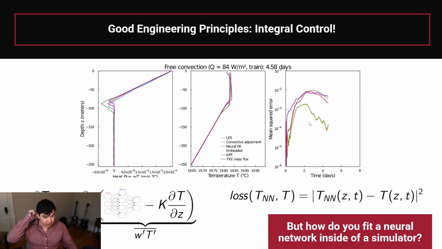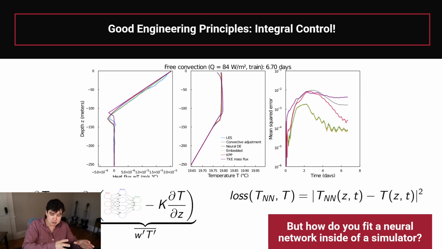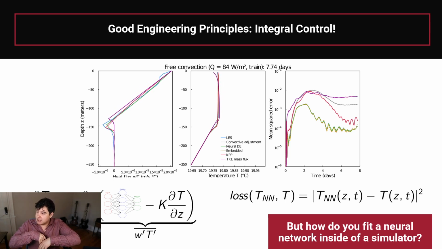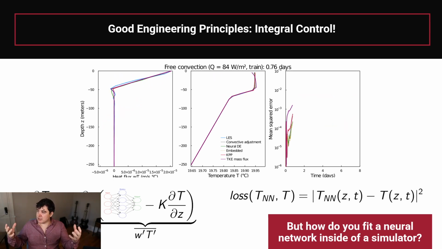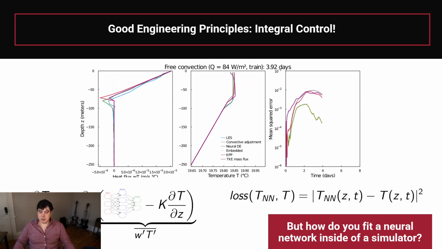So what this tells you is that you cannot do this in a way where you train a neural network and then you stick it into a simulator. You actually need to have the entire simulation process as part of the neural network's kind of training procedure. And this is where we start to look at, okay, well, how do you train such a loss function?